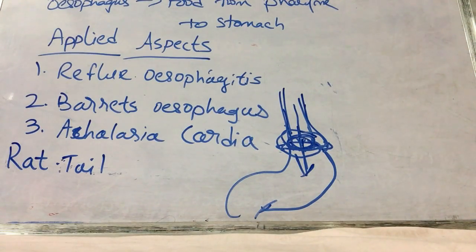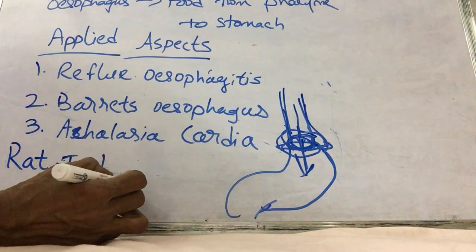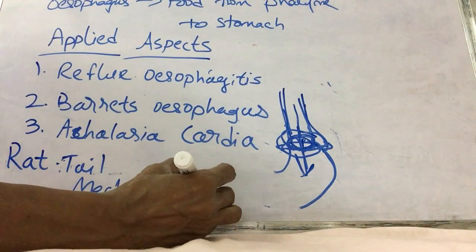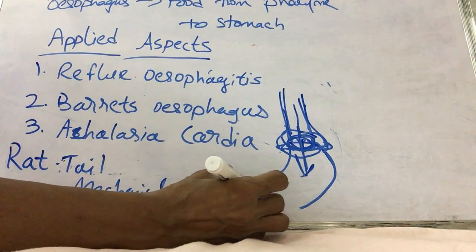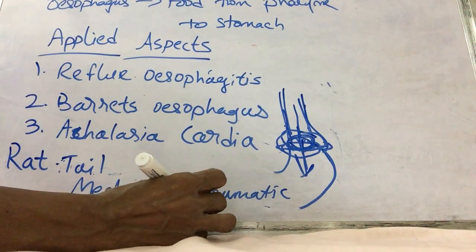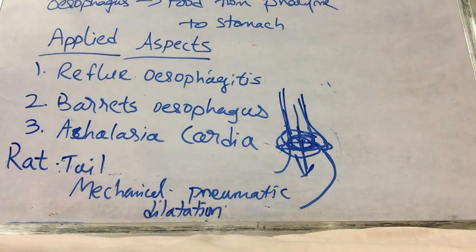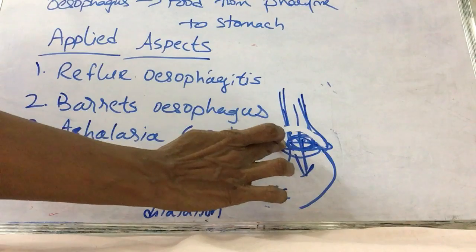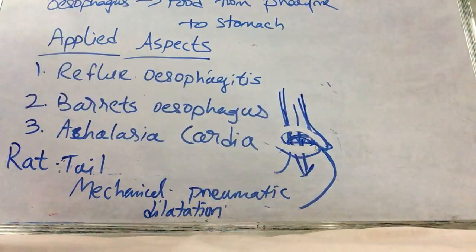And the treatment for this is mechanical pneumatic dilatation. Mechanical pneumatic dilatation means air is filled here at the lower esophageal sphincter and the esophagus is dilated mechanically.